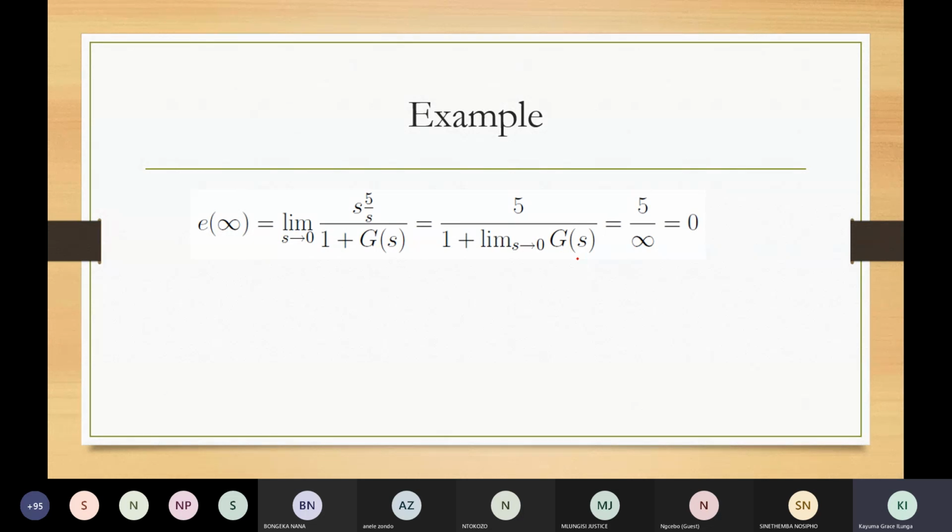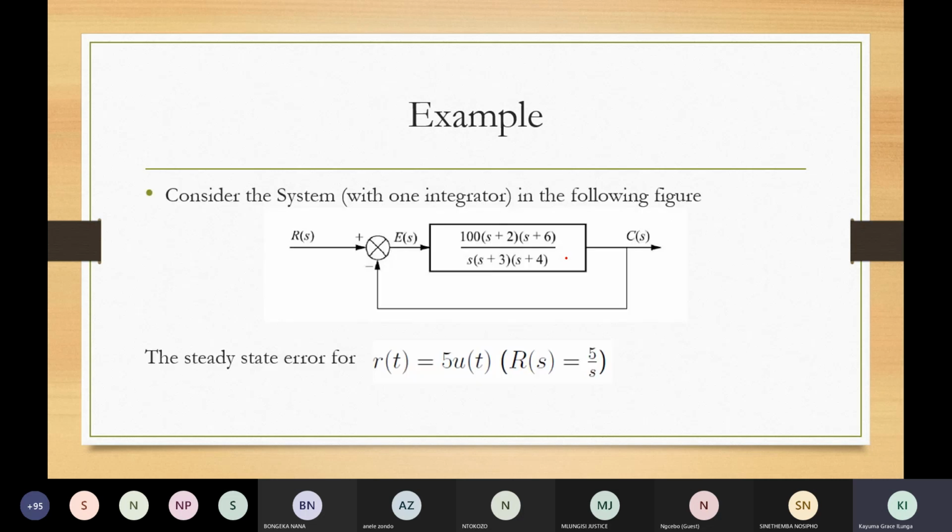Now let's go back to the system here. When we use g of s, what are we going to have? We'll have a limit of this one. This is going to give 0. This is going to give us 200 times 6, it can be 1 point something.